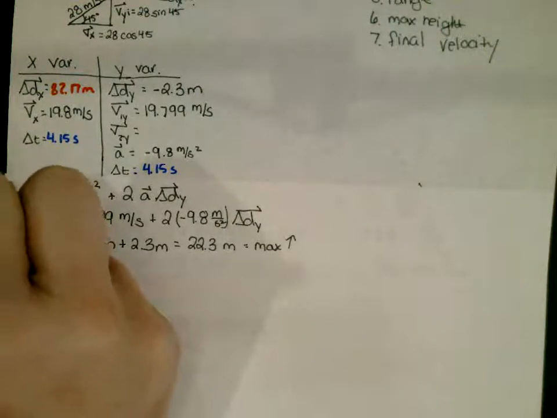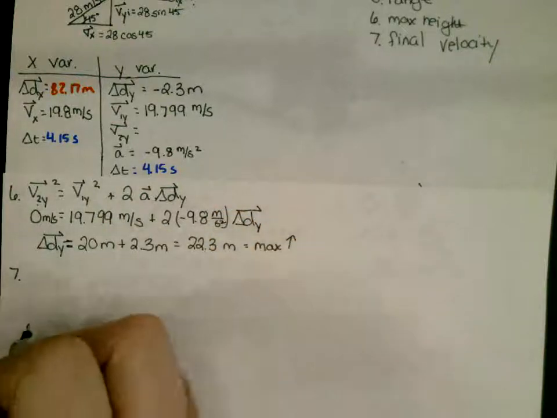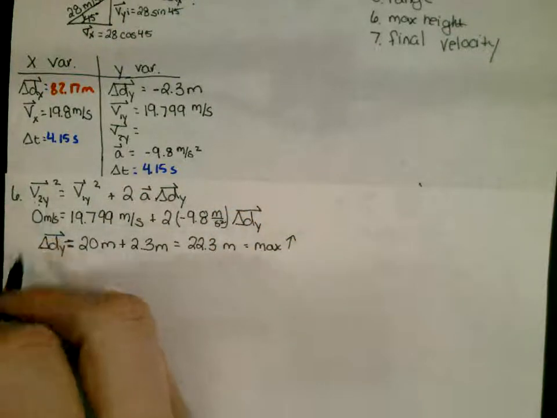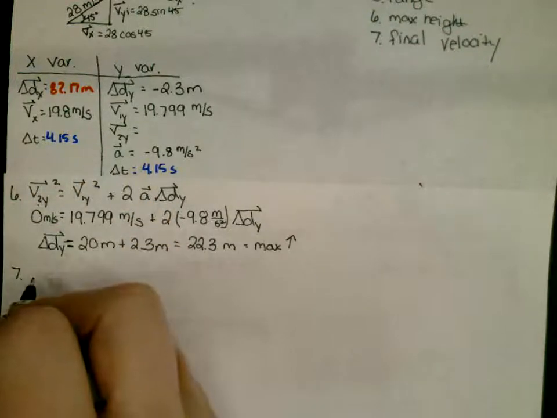All right, so let's look at step 7. We're going to use the same equation before, but now we're actually looking for what this final velocity is. We're not going to say it's 0 because we're looking for what it is at the very end.